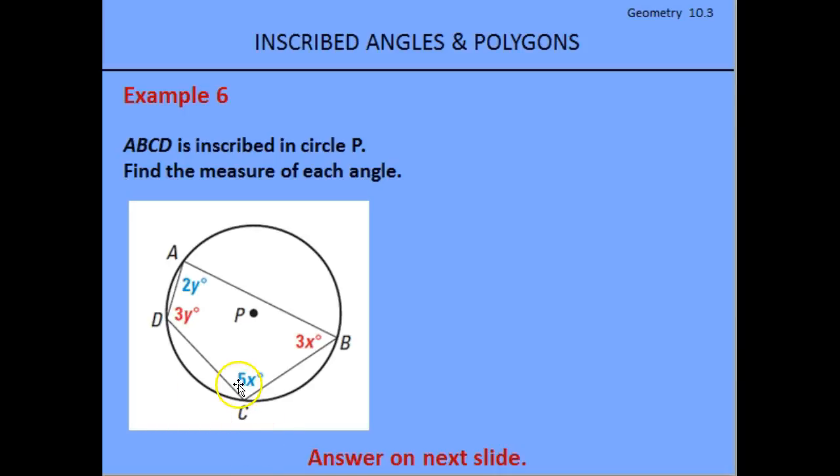We know that 2y and 5x, nice little hint here, and 3y and 3x, they all have to, according to the theorem, equal 180 degrees. Pause now and figure that out. It's going to be a little more complicated than the others. So think about what we know to solve this. Ready for the answers? It's a little bit more complicated, like I said.